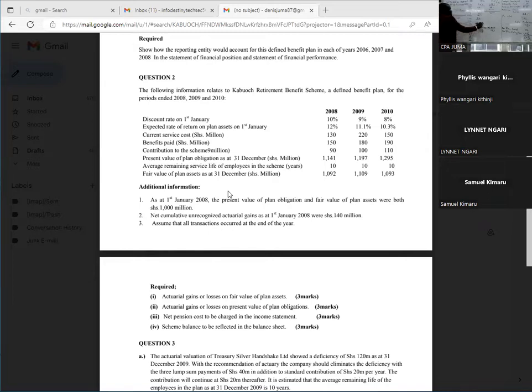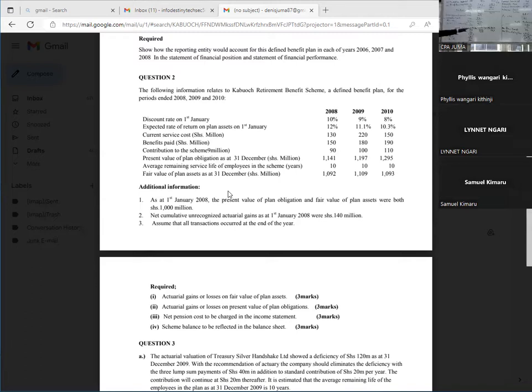So the unrecognized is 107, but the corridor allows you to contribute up to 114. Anything within up to 114, you are not supposed to recognize as gains. Therefore, excess is nil. There is nothing to go to P&L. It is within the corridor.